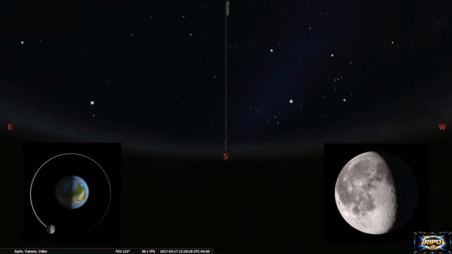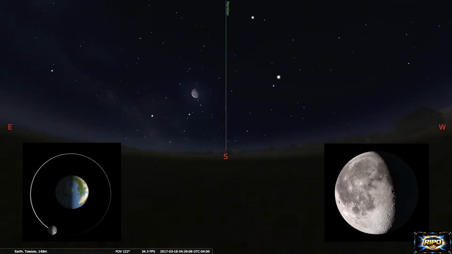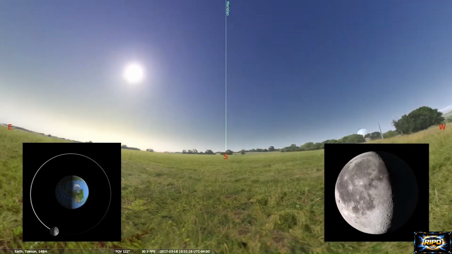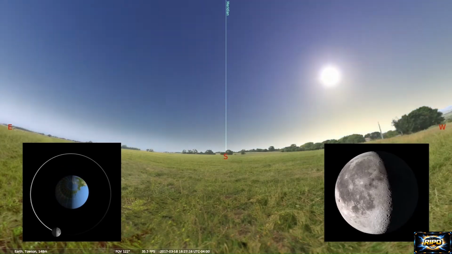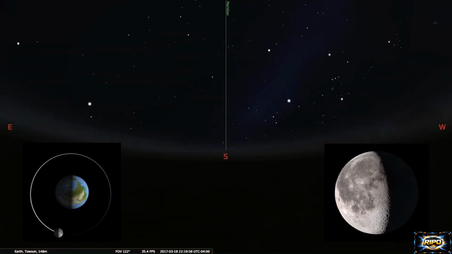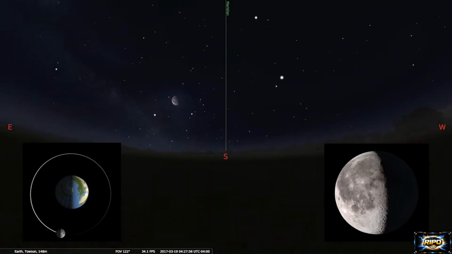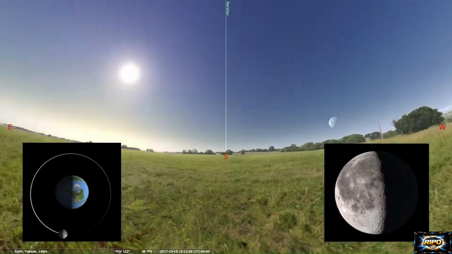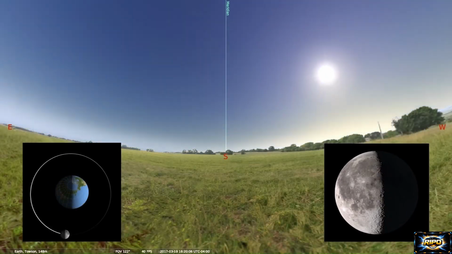Interestingly, the waning gibbous moon is rising very late at night, long after the sun has set. And that means it's setting long before the sun sets. So we have the waning gibbous moon setting sometime in the morning.